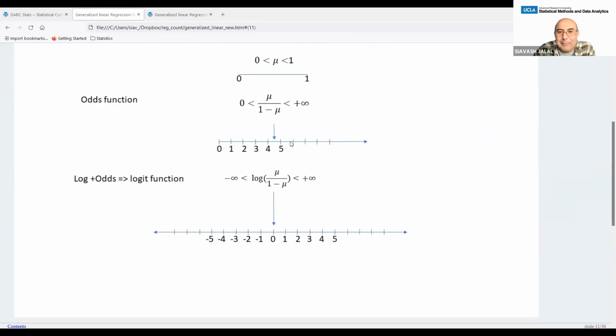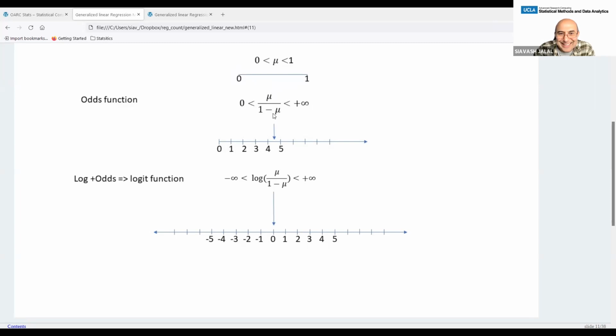Here you have all the positive numbers. It could be 1.2, it could be radical 2, it could be 3.555559, but it's a value that is positive. It doesn't have to be an integer. I just show this as a line of numbers, right? So from 0 to 1, you can use this function, which we call the odds function, to make this value go from 0 to infinity.